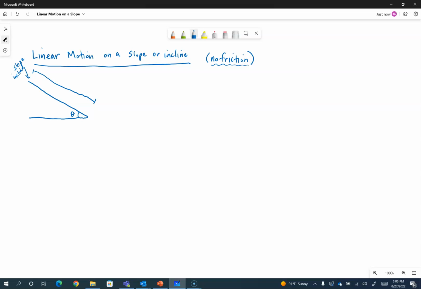When we talk about the acceleration along a slope or incline, we are talking about the acceleration portion that points down the incline. You could call it a sub incline if you want, a sub slope.